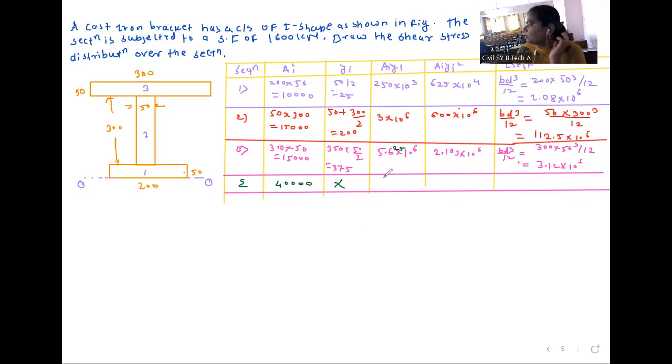So 8 point something will come. How much? Yes, 8.875 into 10 raised to 6.